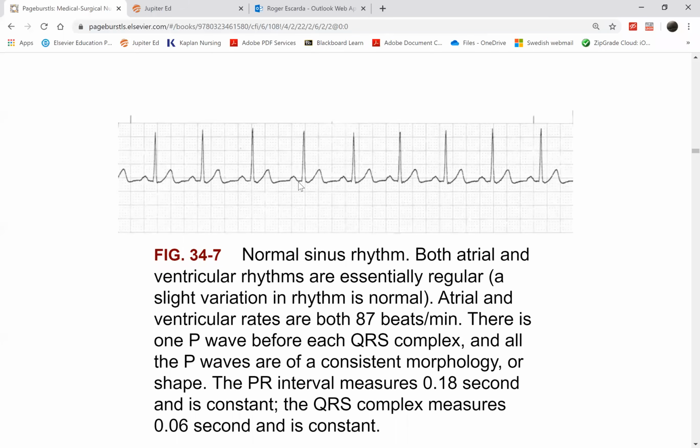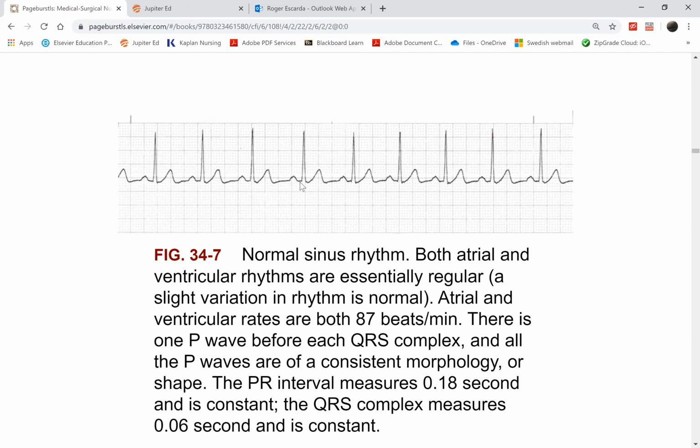So count the number of small blocks from here to here. How many do you see? I see 1, 2, 3, 4. I count 4 small blocks. Actually, it's 5. It's not very clear, but yeah, 5.